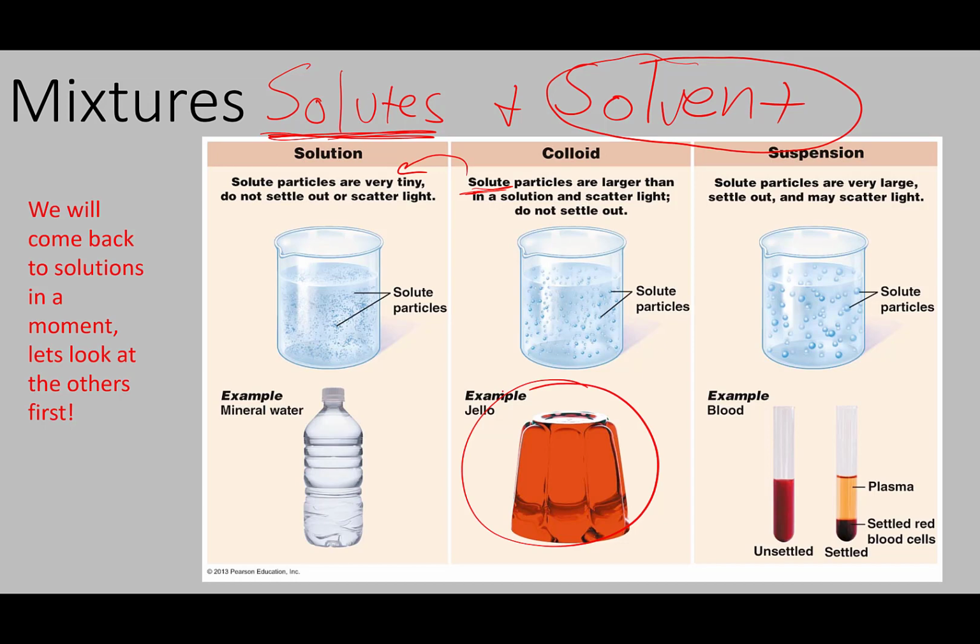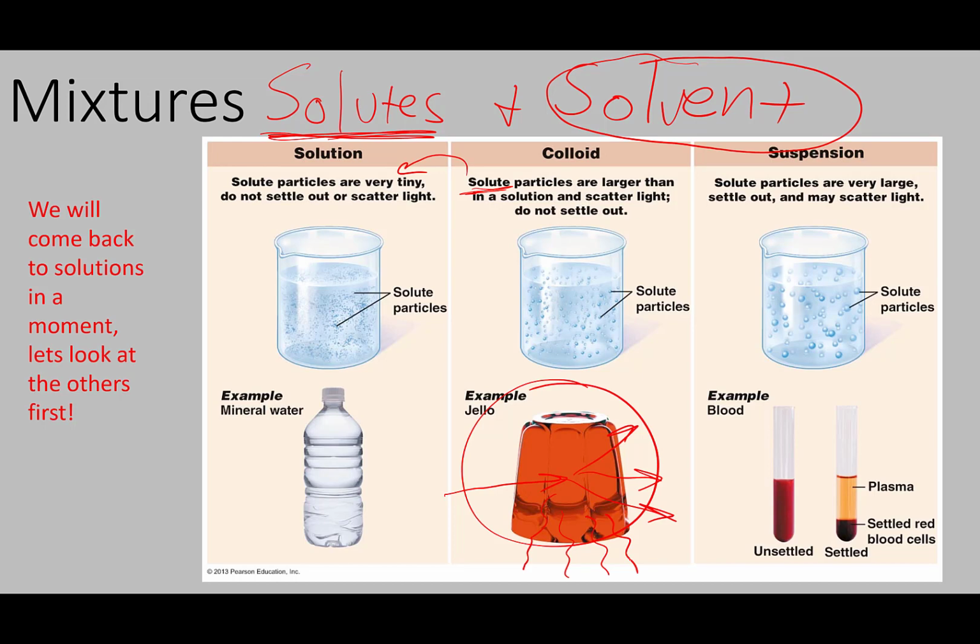So think about a cup of pure water or salt water or something like that. It's pretty clear. But if we look at something like Jell-O, when we shine light through, it kind of scatters that light. And if we let the Jell-O sit for a while, the solute particles are not going to settle out. They're going to remain in that mixture there.